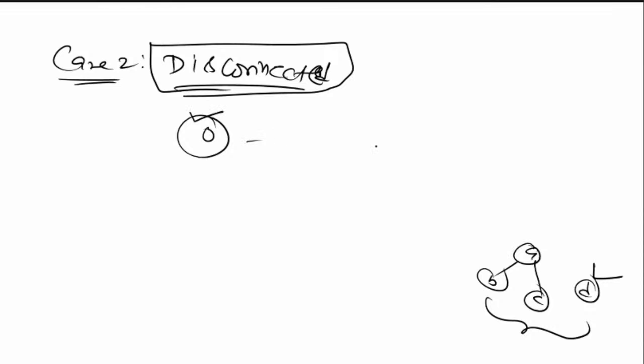Now, what is the maximum degree possible? Can anyone tell me what is the maximum degree possible for any vertex? If you have a disconnected graph, then what is the maximum degree that is possible?